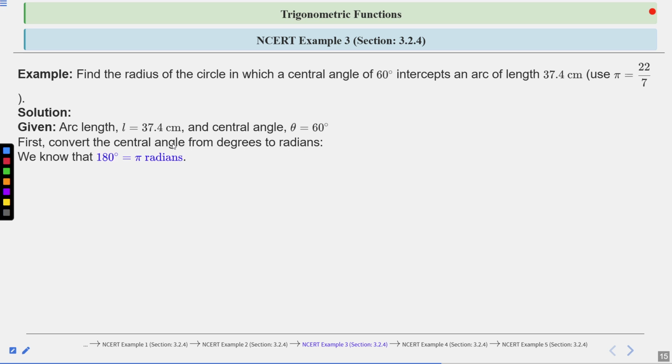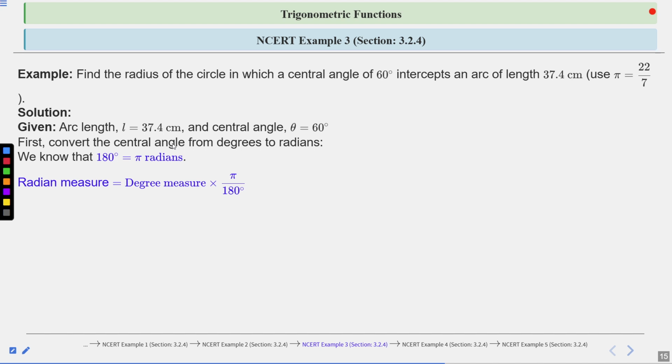How? As we know that 180 degrees is equal to pi radians. And we also know this formula which helps us in converting degree to radian measure. If you know your degree measure, then just put the degree value in the right hand side expression, and the output will be in radian measure.